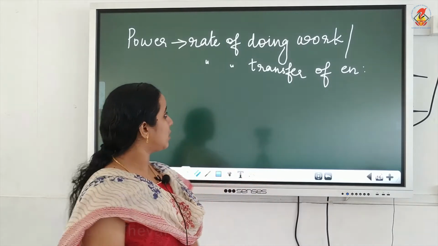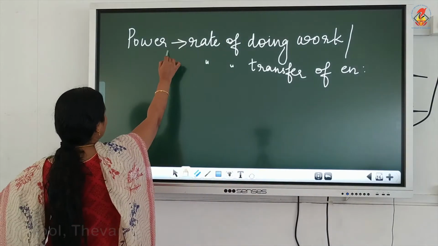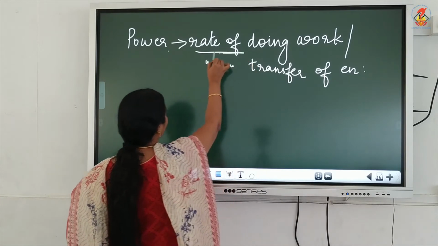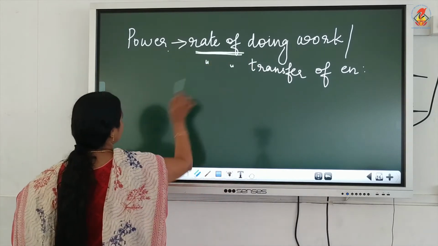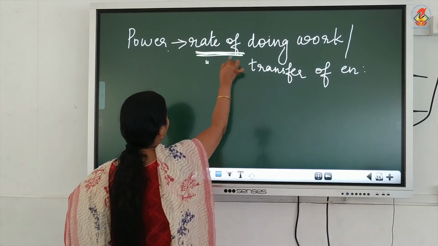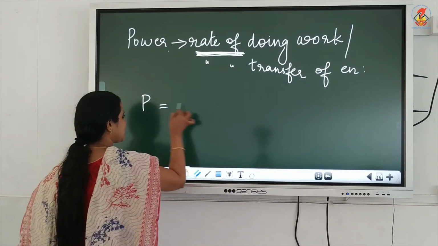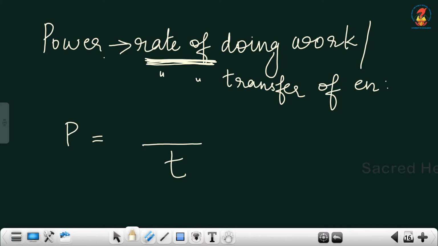Now, according to definition, power is rate of doing work. The word rate of means divided by time. Rate of doing work. So, a work is done.